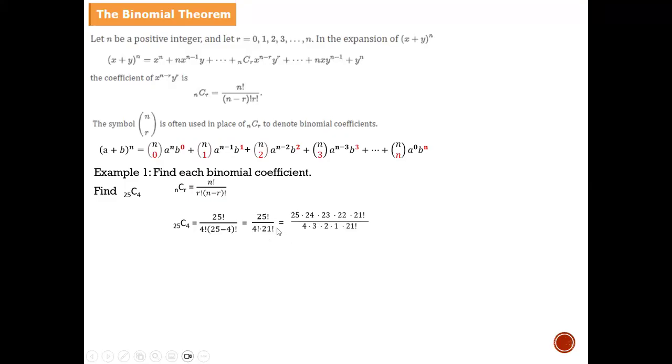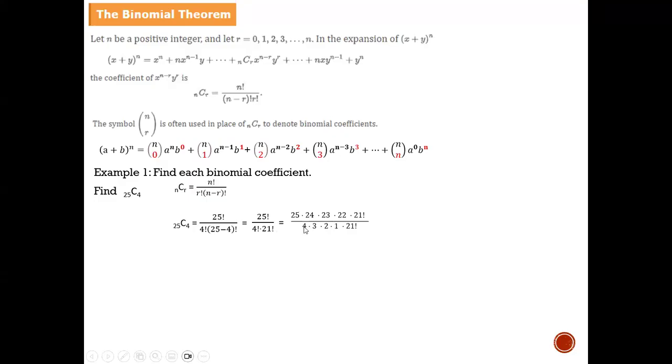A lot of times you can just do this in your calculator, plugging it in correctly. I've mentioned previously that you should have the factorial buttons on your calculator. Again, it just looks like the exclamation point. You could also write it out to evaluate it. So 25 factorial is going to be 25 times 24 times 23 times 22, and we keep going all the way until we hit 1. I wrote out the first few and then just times 21 factorial.